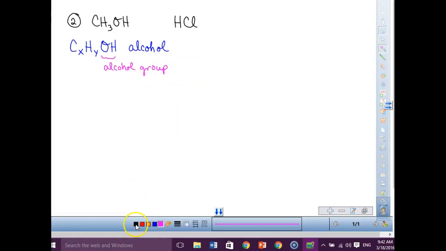So when you draw the structure for that, the formula sort of tells you what's going on. You've got 3 hydrogens attached to the carbon. Then you've got carbon also attached to oxygen. And then the hydrogen is attached to the oxygen.